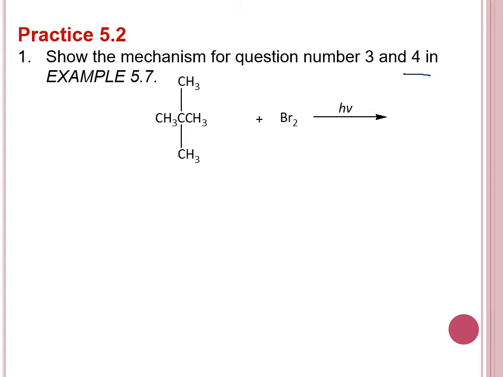So we cannot attach bromine at the carbon in the middle anymore. I chose just now the first carbon on the left. If you choose the carbon on top or on the right or at the bottom, you're going to produce the same molecule. Try name them if you don't believe me.